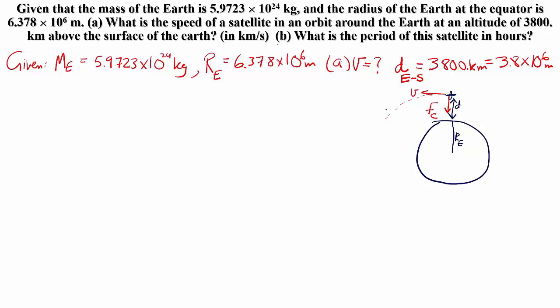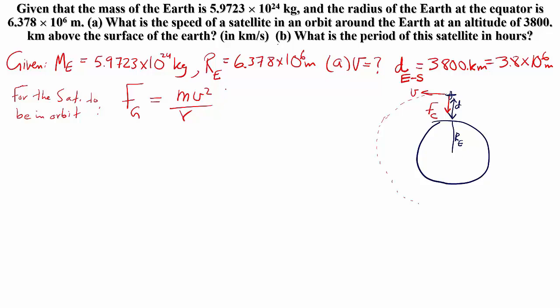And for this object to be in an orbit around the Earth, the force of gravity has to be equal to mv squared over r, where v is the velocity of that satellite and m is the mass of that satellite.